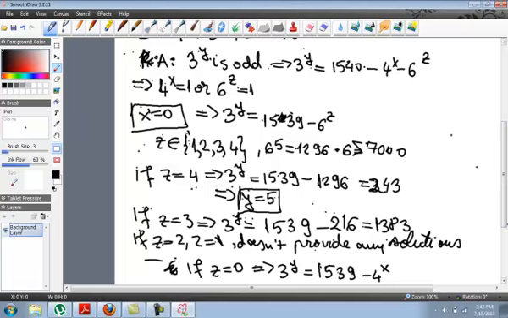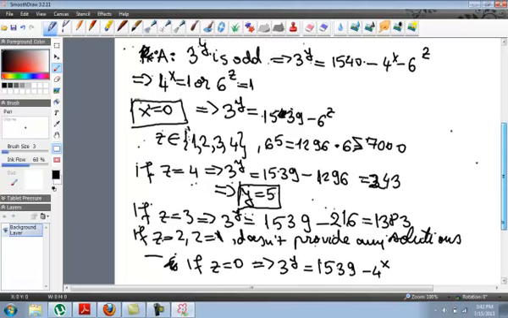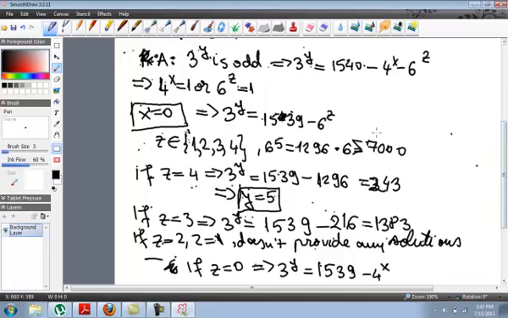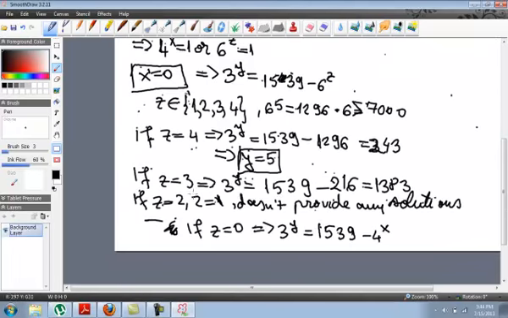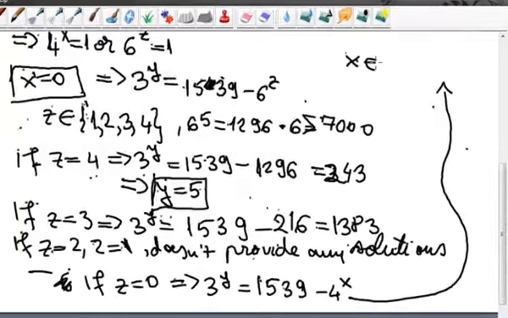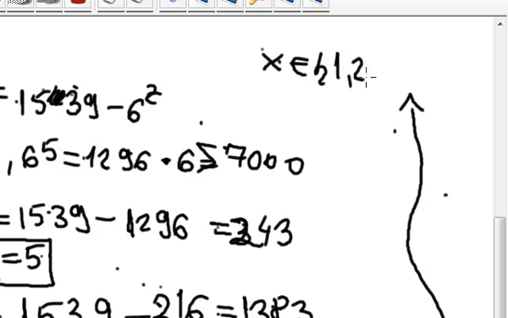Here are much more solutions or possibilities than we could imagine. Actually, there are only 5. From this it results that x belongs to the set 1, 2, 3, 4 and 5.